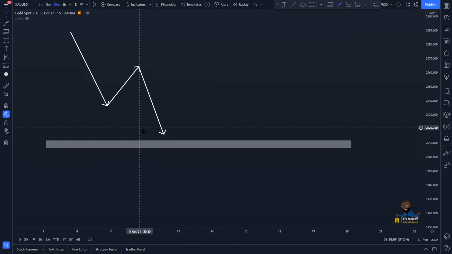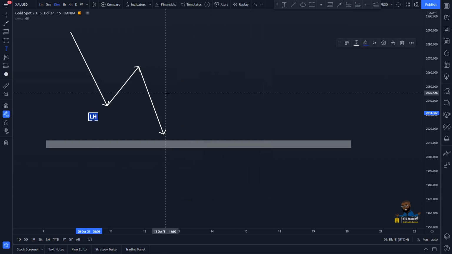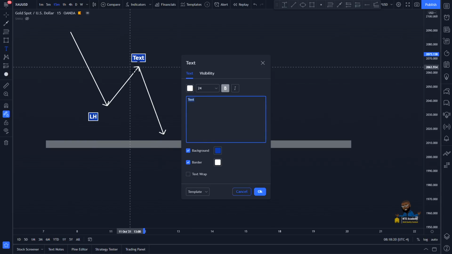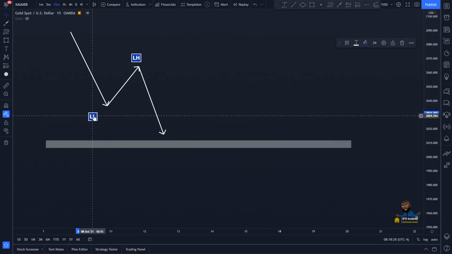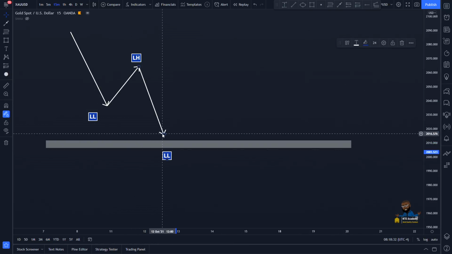We don't want to just trade the reversal because here the market is creating lower highs and lower lows, right? So the market creates another lower low, and then it'll create another lower high, right?